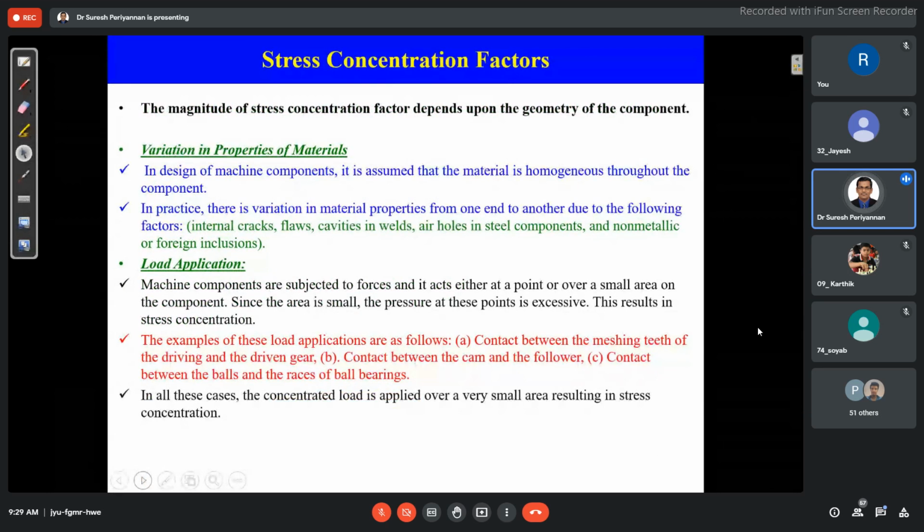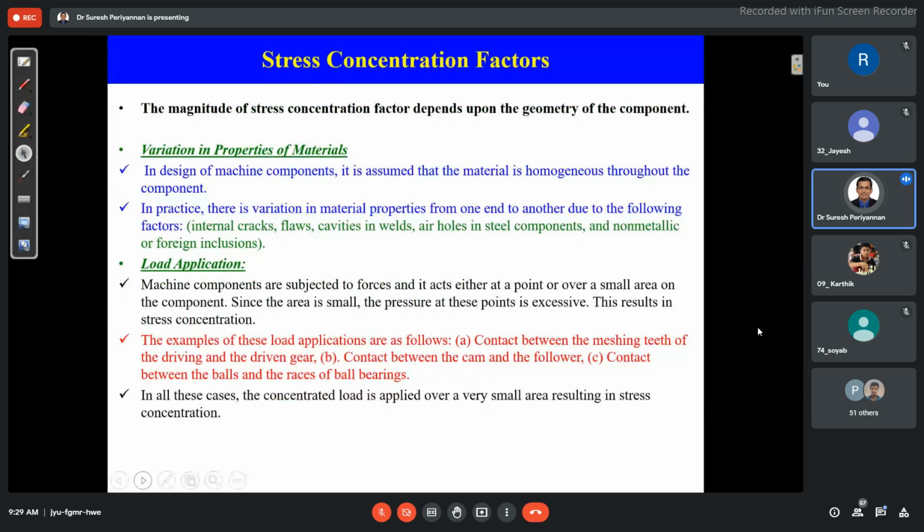But in practical conditions, we cannot expect that. There are so many factors. For example, internal cracks or flaws may be created in the material during functioning. Also a cavity in a weld, because when we connect two components we go for welding, bolted joints, nut joints or screw joints.